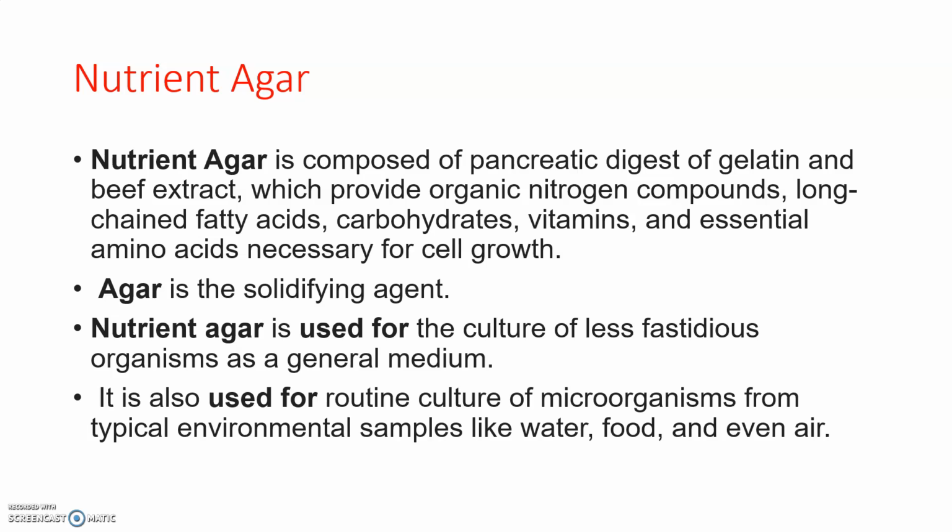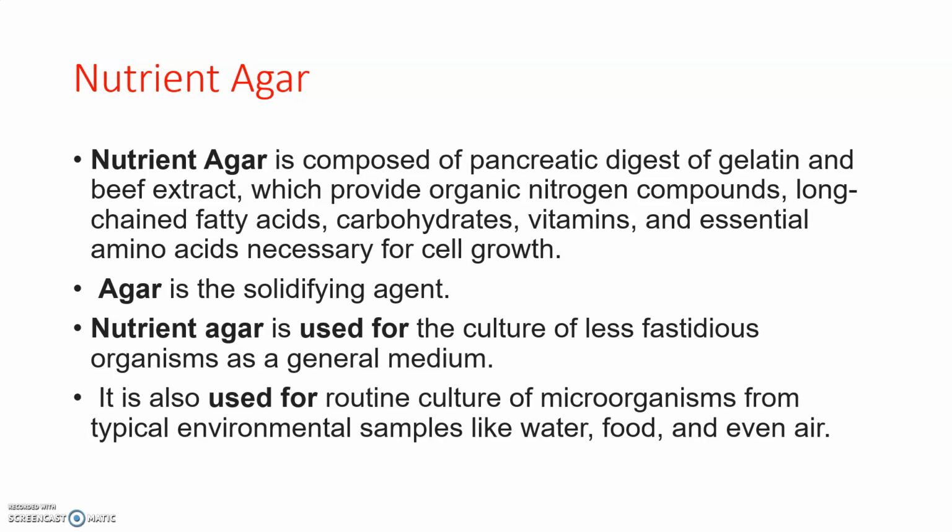Next is nutrient agar. Nutrient agar is composed of pancreatic digest of gelatin and beef extract, which provide organic nitrogen compounds, long chain fatty acids, carbohydrates, vitamins and essential amino acids necessary for cell growth.